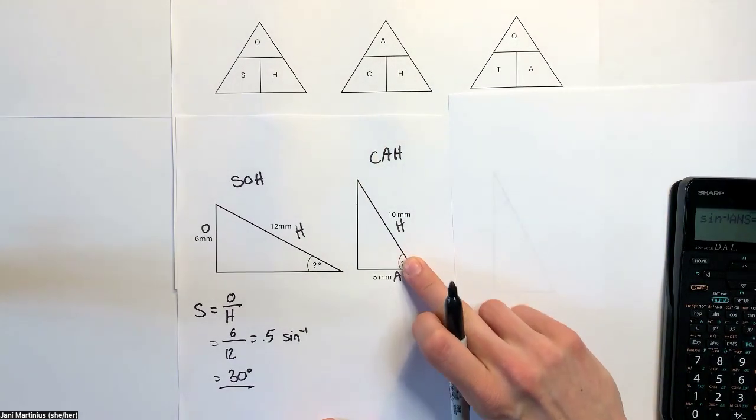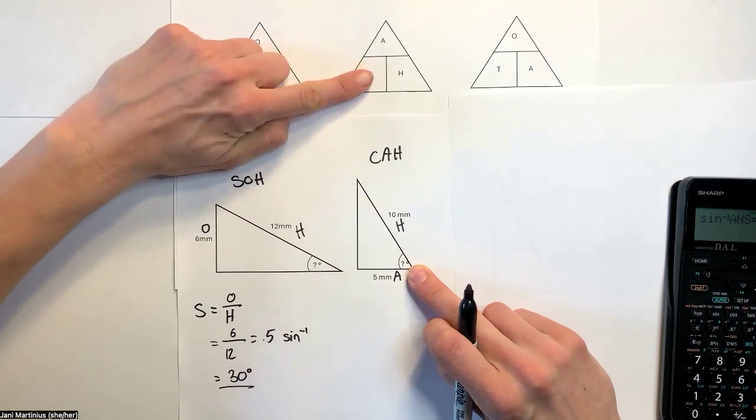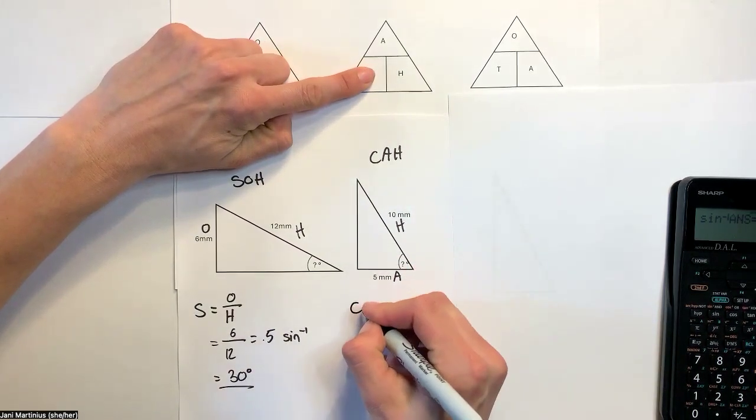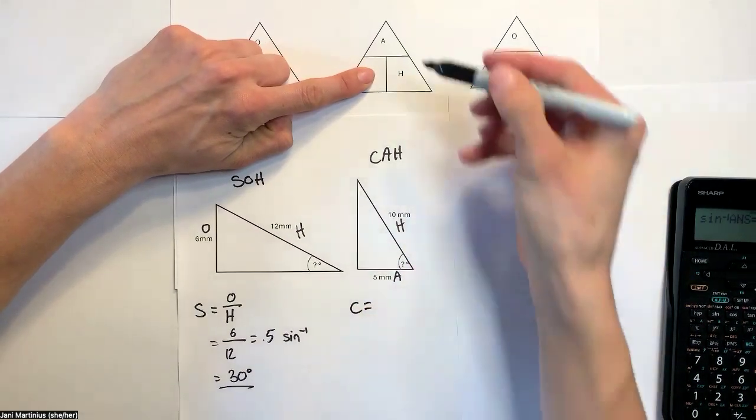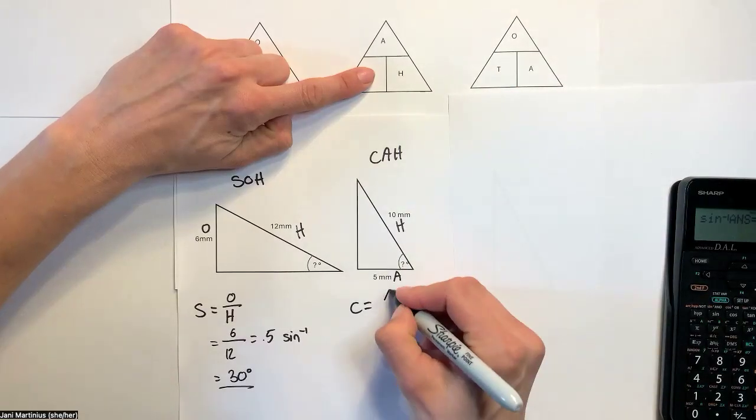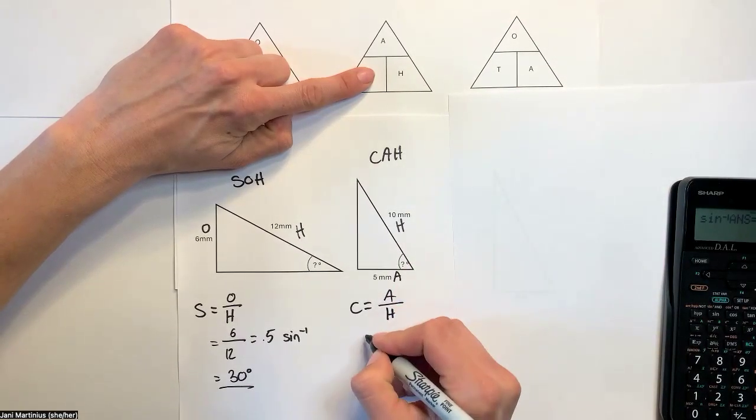We're trying to find the angle, so we'll block out the C, because that's what we're trying to find. And it leaves us with A over H, adjacent over hypotenuse.